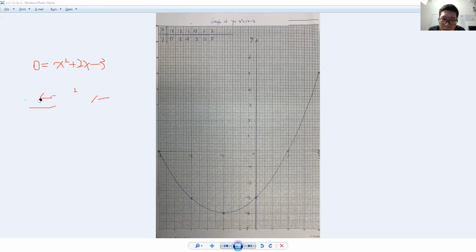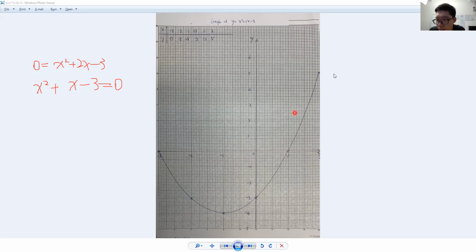Okay, let's start with a slightly more difficult one, because over here we are only drawing parallel straight lines. Let's try one more. For example, this time I want to solve x squared plus x minus 3 equal to 0.